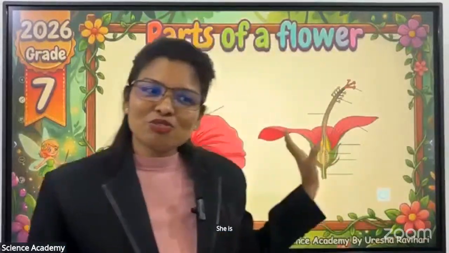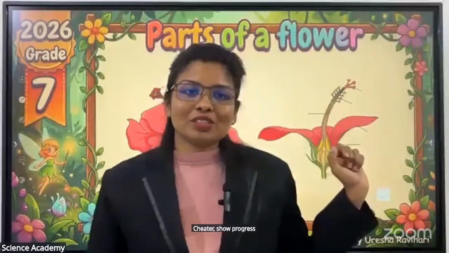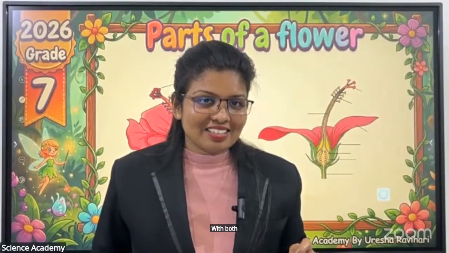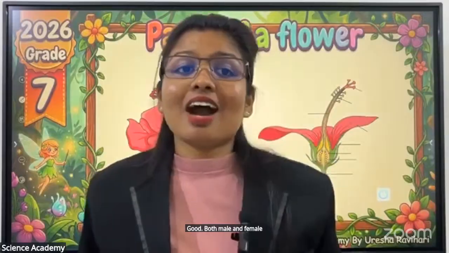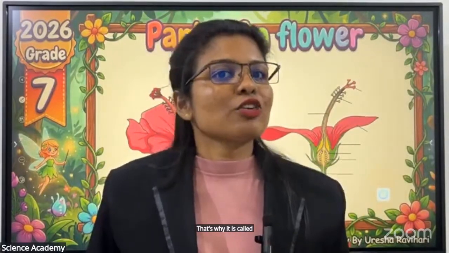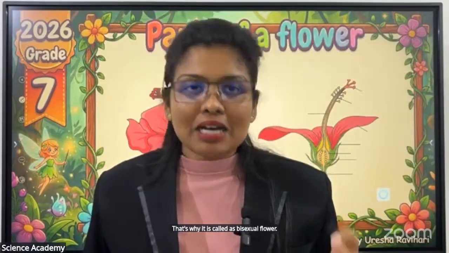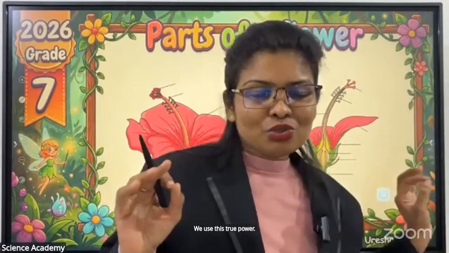Children, the shoe flower is a bisexual flower, having both female and male parts available all together. That's why it is called a bisexual flower. Dvilingika mala, right? Children, for our ease of study, we use these two flowers to identify the structure of the flower.